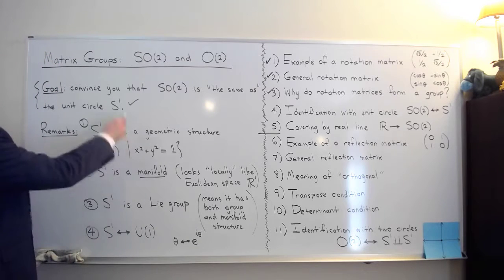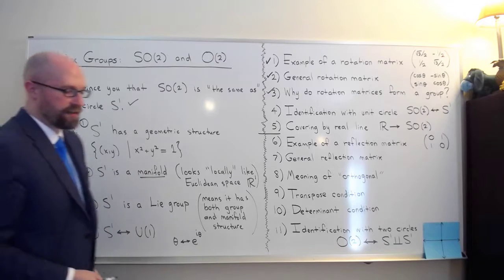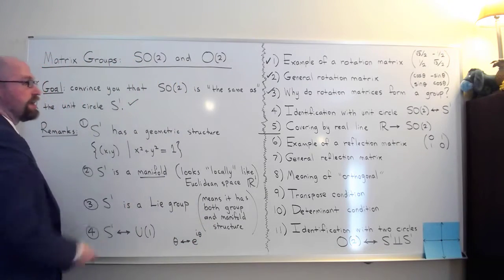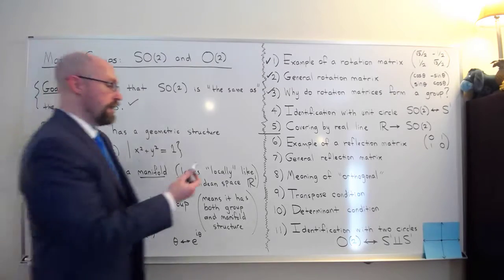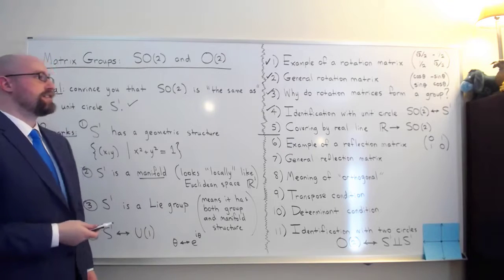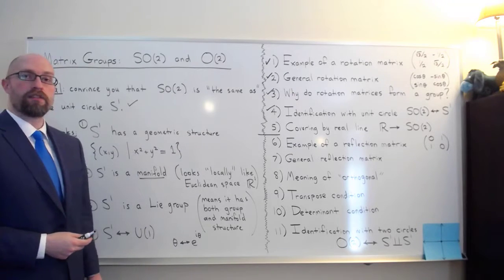All this stuff is interesting, but manifolds, that's differential geometry, and I'm of course not assuming that you know that, but it's worth mentioning anyway. So we have checked this off, and next we'll talk about a relationship between the real line and the special orthogonal group SO2.